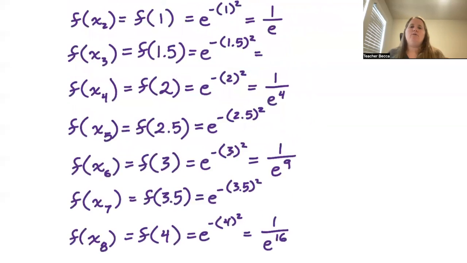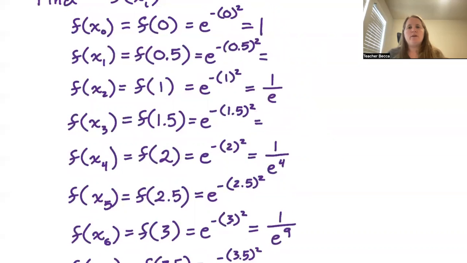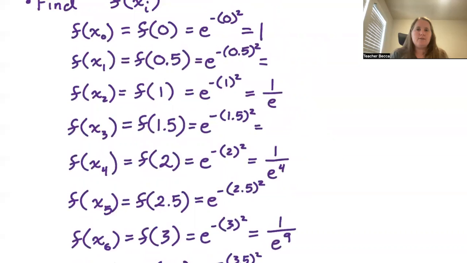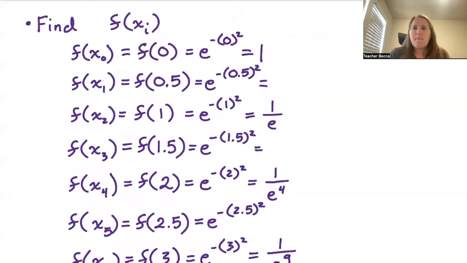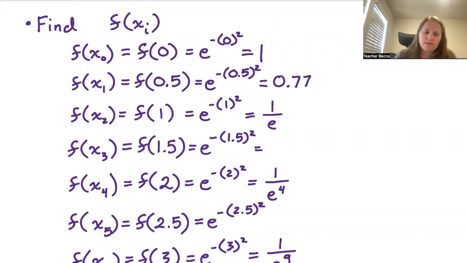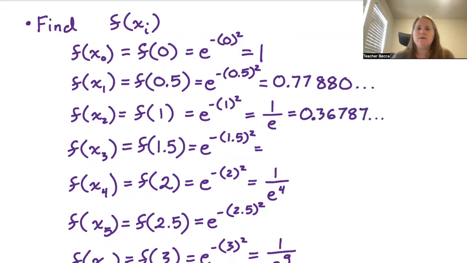So now let's go ahead and fill in approximations for these, going out, say, 5 decimal places for each. So filling in these values, our f of x0 is 1, as we found. Our f of x1 would be 0.77880, and then it continues on from there. Our f of x2, or 1 over e, is 0.36787, and then we continue on from there.